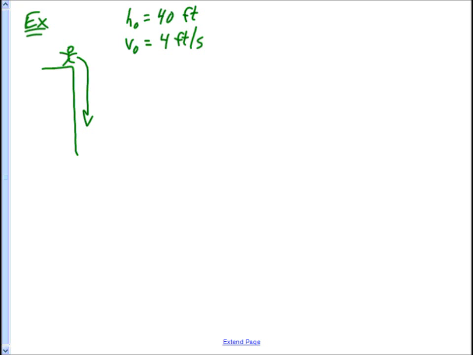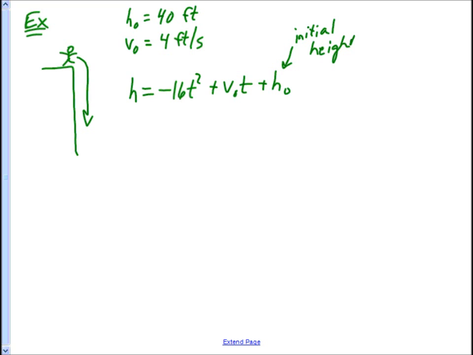That h subscript 0 means initial height, that v subscript 0 means initial velocity. So the question becomes, when you're using this model, negative 16t squared plus v subscript 0 t plus h subscript 0, this is your initial height, that v subscript 0 is your initial velocity, and this is your height after time t.